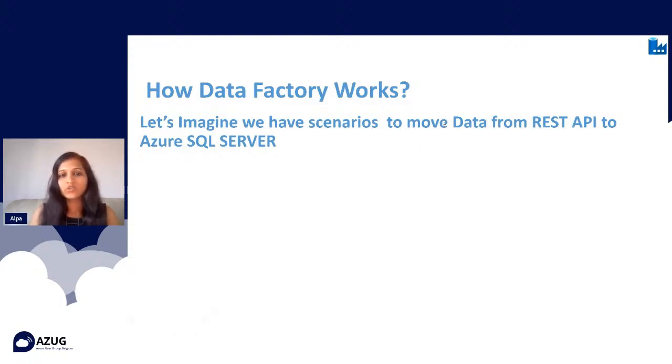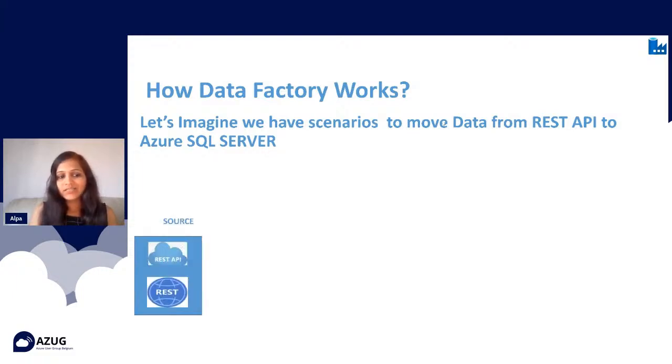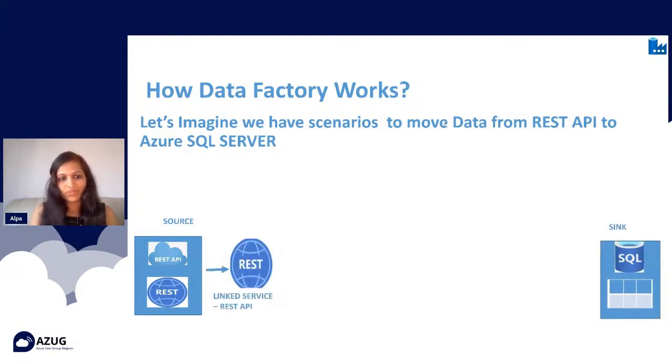So it's copy activity. For that, I need to go to the Azure Data Factory UI and I need to create linked services for a source and a sink. So this is my source, which is a REST API, and this is my sink, which is Azure SQL Server.